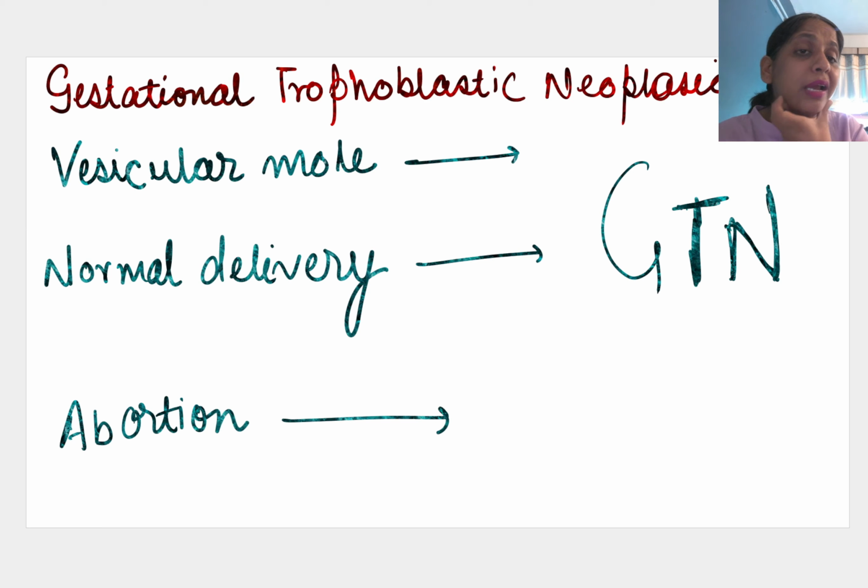The trophoblast can become abnormal and form neoplasia. So not only the molar pregnancy or vesicular mole changes into gestational trophoblastic neoplasia; the abortion, the normal delivery placenta or trophoblast can also change into neoplasia.